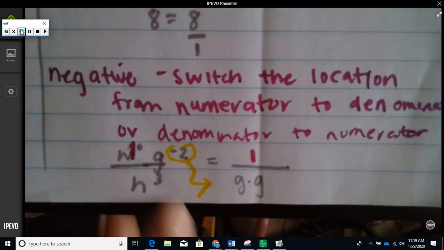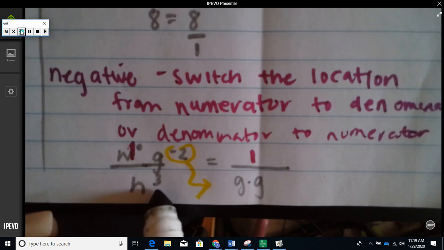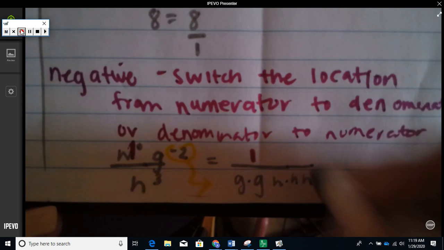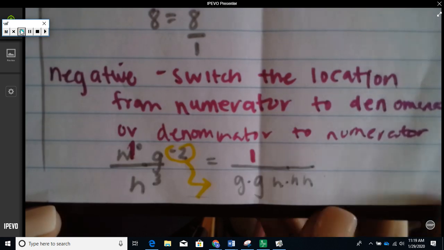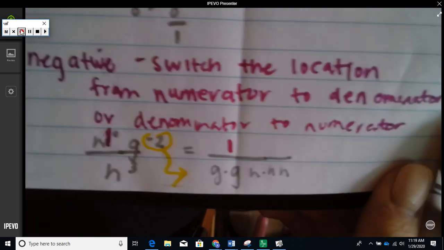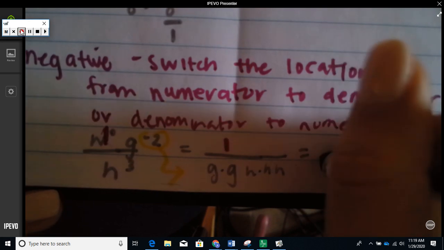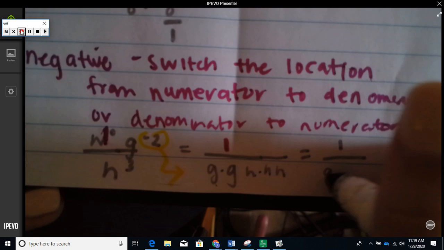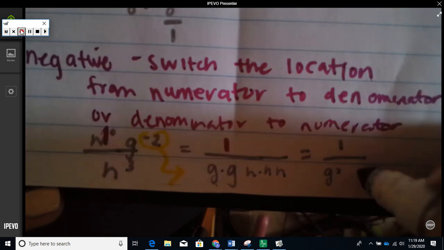If it's positive, it stays where it's at. So it's going to be h times h times h. You only switch it if it's negative. So that simplifies to 1 over g times g, which is g squared, and h times h times h is h cubed.